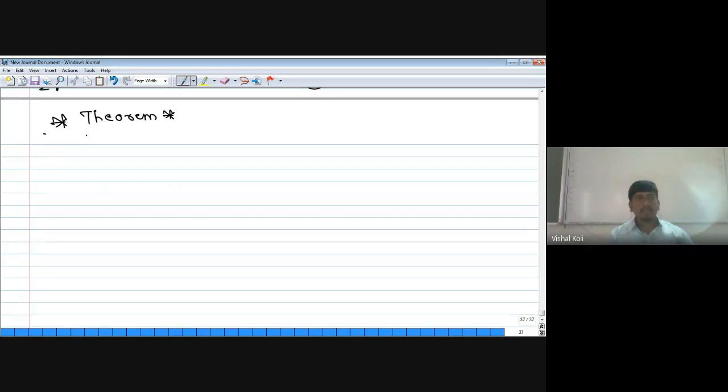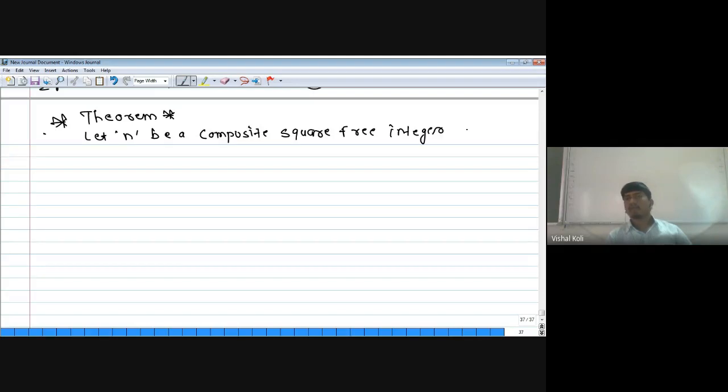Let small n be a composite square free integer. As it is square free, it is not divisible by any perfect square. Then its prime factors will be distinct.